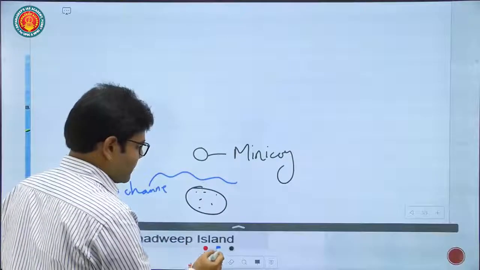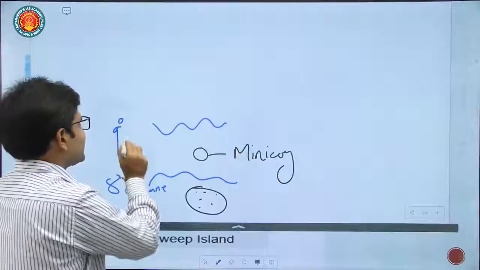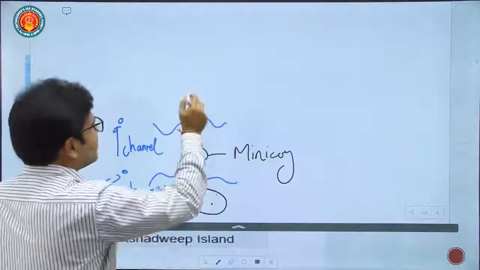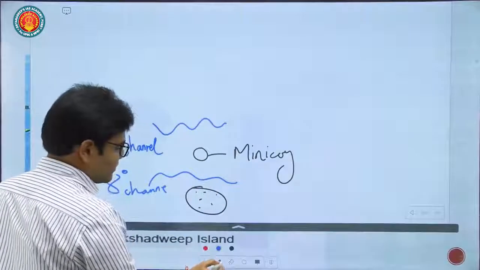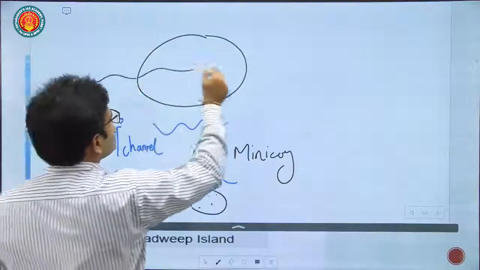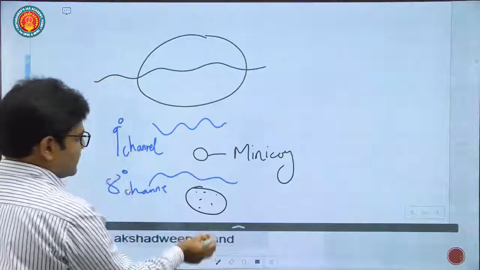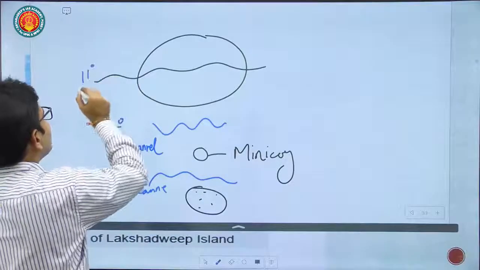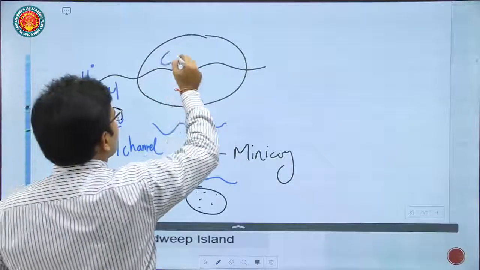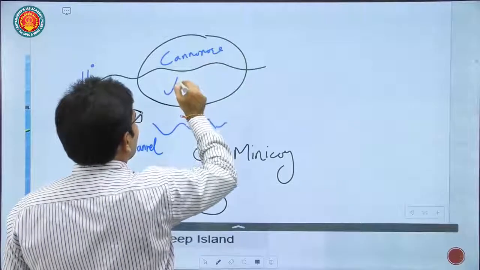Then we have the 9-degree channel. Then we have the islands of Lakshadweep. Again, these islands are divided into two parts by the 11-degree channel. The 11-degree channel separates the Lakshadweep Islands into Cananor Islands and Amini Islands.